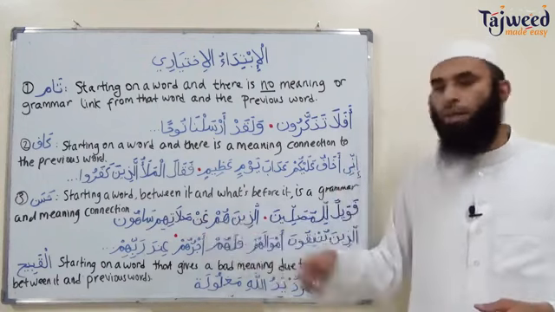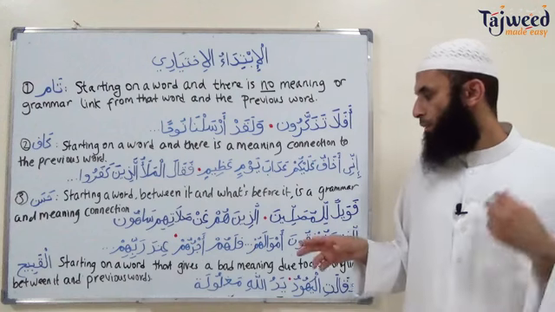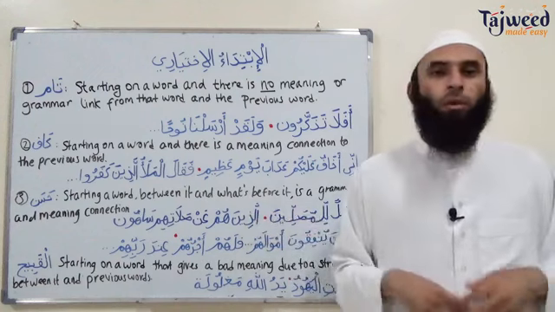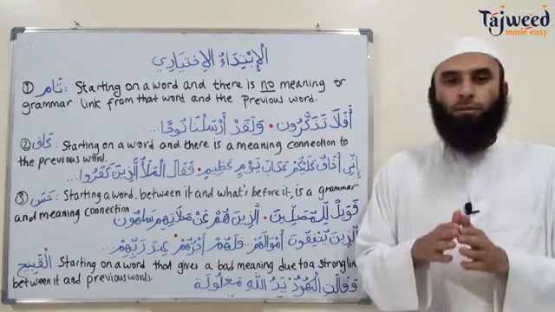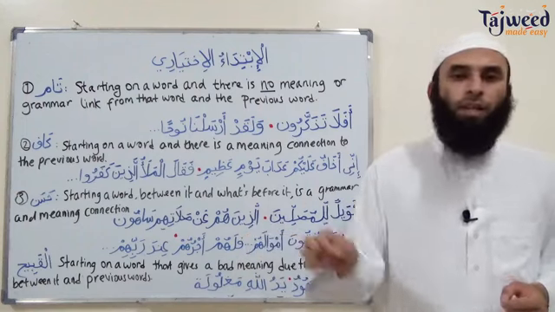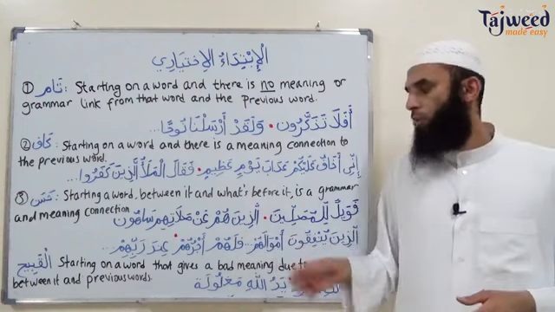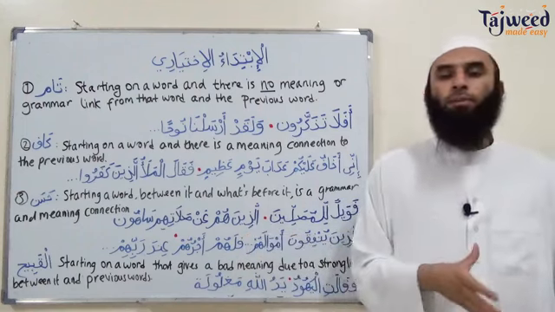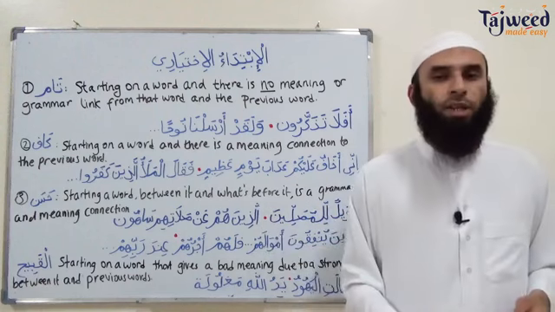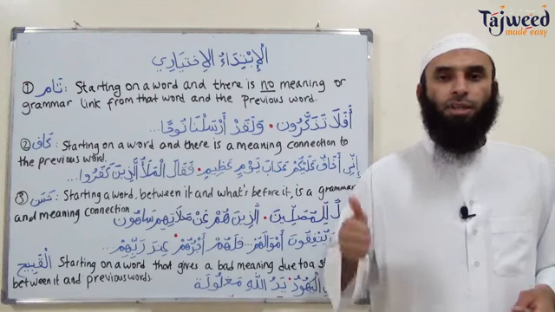So what's the ruling on this? Because there's a relationship in grammar and meaning, if we're going to start from scratch, from opening a mushaf, I cannot start from الَّذِينَ هُمْ عَنْ صَلَاتِهِمْ سَاهُونَ, because it's going to raise the question of which people these are. So we should start from فَوَيْلٌ لِلْمُصَلِّينَ الَّذِينَ هُمْ عَنْ صَلَاتِهِمْ سَاهُونَ. The first type of start, you cannot do that.